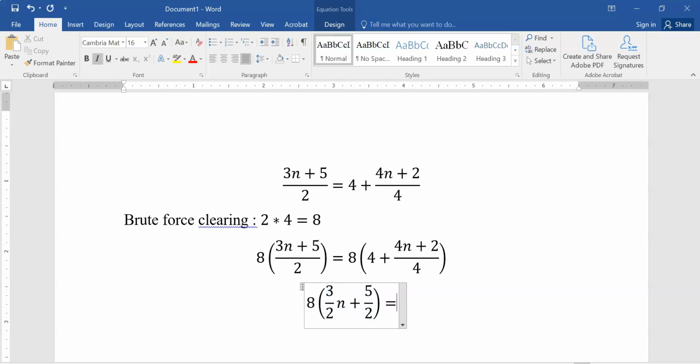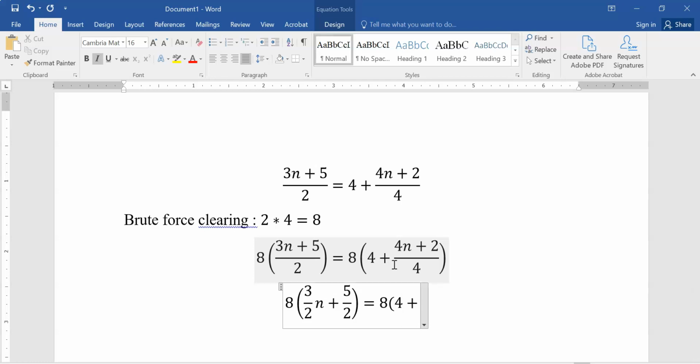Now you can do the same thing with the right-hand side too. Be careful, the only thing that 4 is dividing is this piece. It's also dividing 2, but this original 4 up here is not dividing, so leave this original 4 here alone.